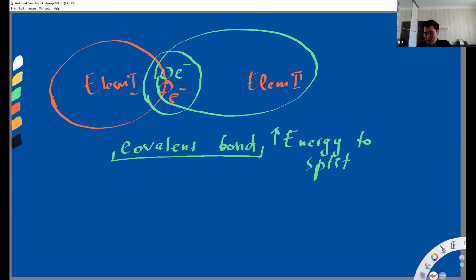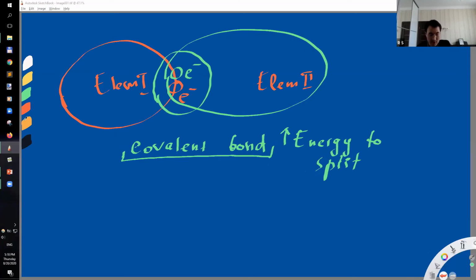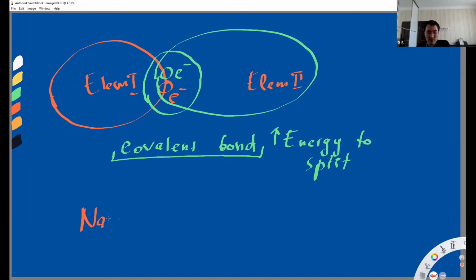So next type is the ionic bond. And for example, just a second, we have sodium, and on its outer shell, we have one electron.